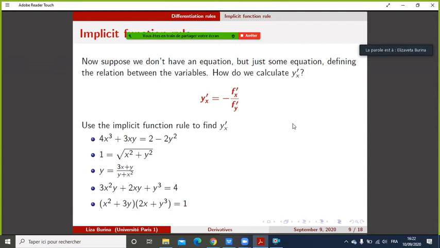For example, Marshallian demand: the quantity of a good as a function of the price of this good, the price of the other good, and the income.